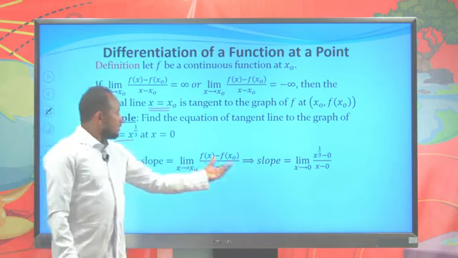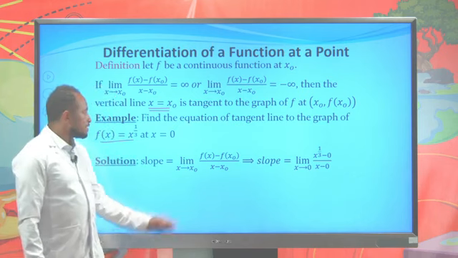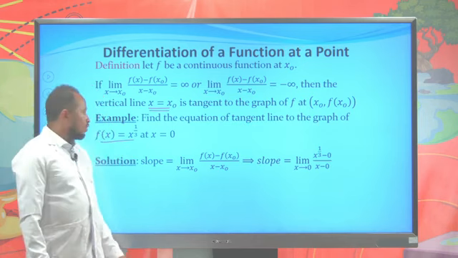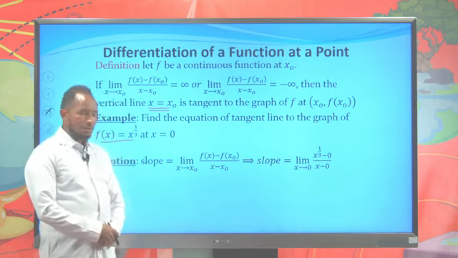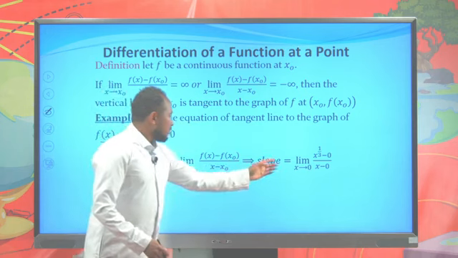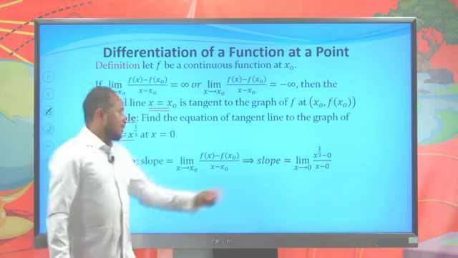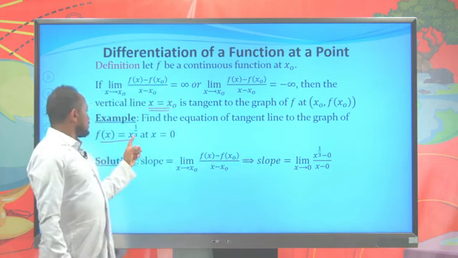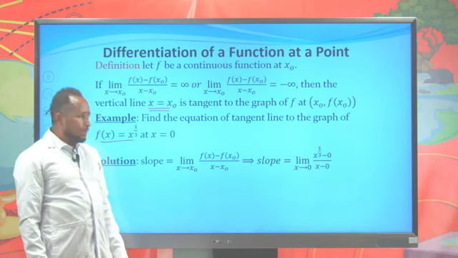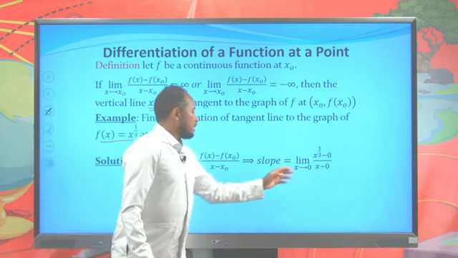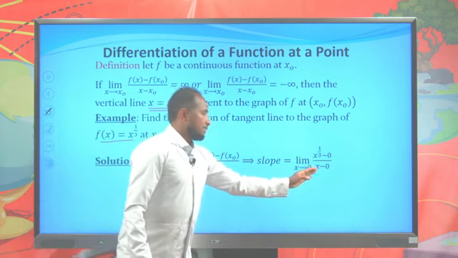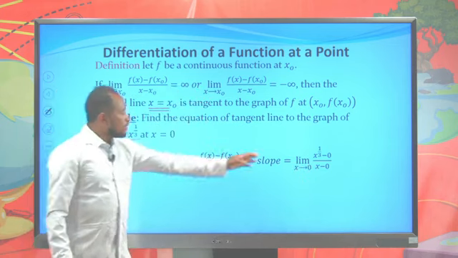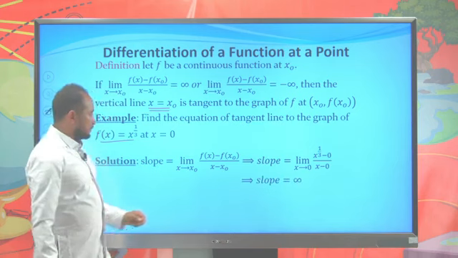The slope is evaluated using the difference quotient, the limit of (f of x minus f of x naught) over (x minus x naught), where x approaches x naught. So the slope is x to the power of 1 over 3 minus f of 0, which is 0 to the power of 1 over 3, it is 0, over x minus 0. When you simplify this, you get this result.